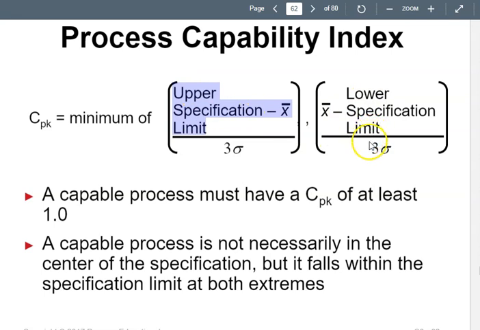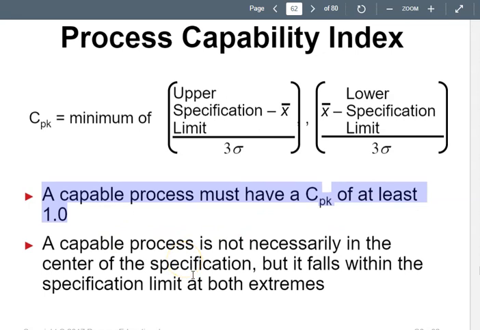We just want to know the difference, and that's like using absolute value. Divide by 3 times sigma, which if you remember, that's for 99.7%, right? So a capable process must have a Cpk of at least 1.